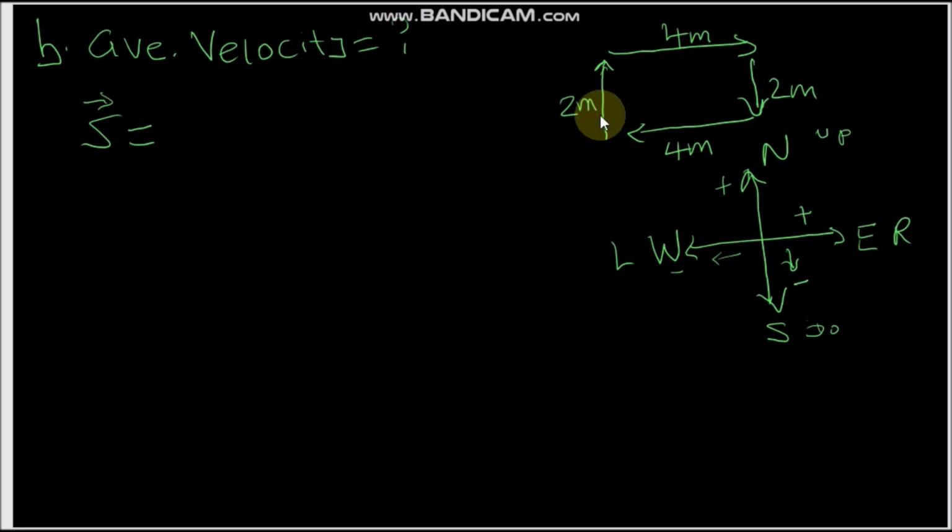So in our case, to calculate the total displacement, we add the whole, but we put negative or positive according to the direction. 4 meters towards the east, that means 4, plus 2 meters towards south, the displacement here is minus 2.